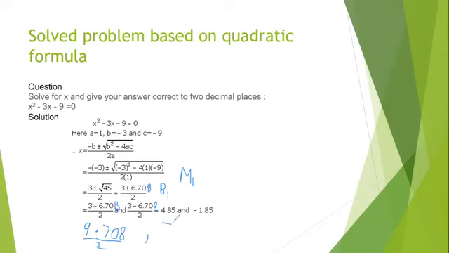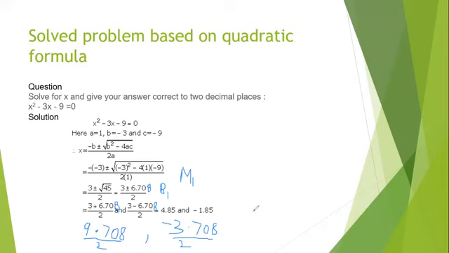And when we take it with minus sign, it will be minus 3.708 divided by 2.